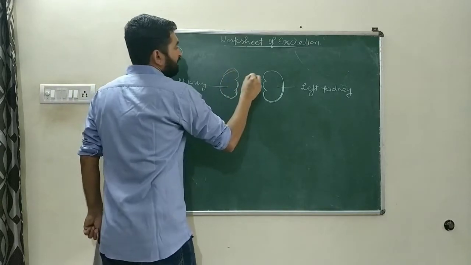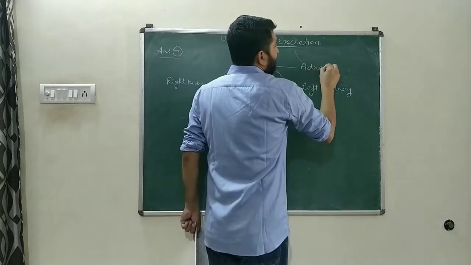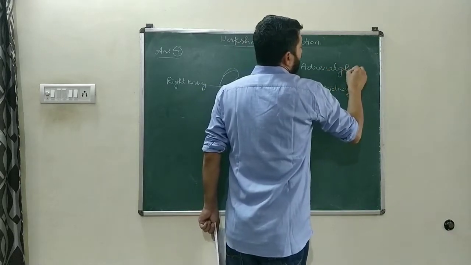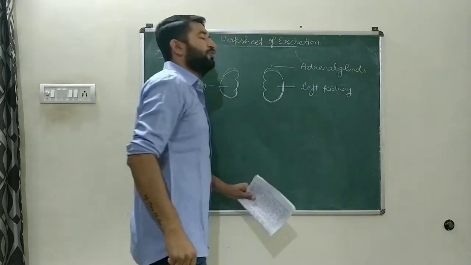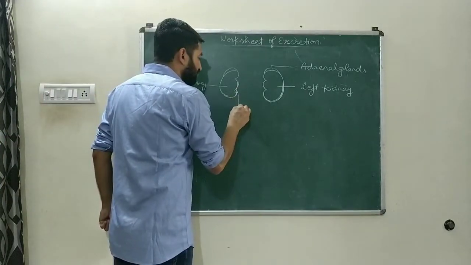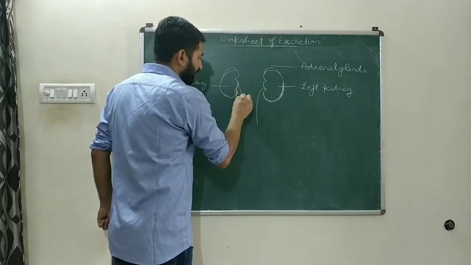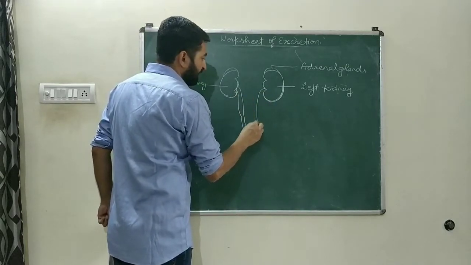They have 2 triangular shaped glands over them which are known as adrenal glands. Adrenal gland does not play any role in excretion. That's just the structural composition which we are representing. Out of these, 2 ducts originate, which are known as ureters.